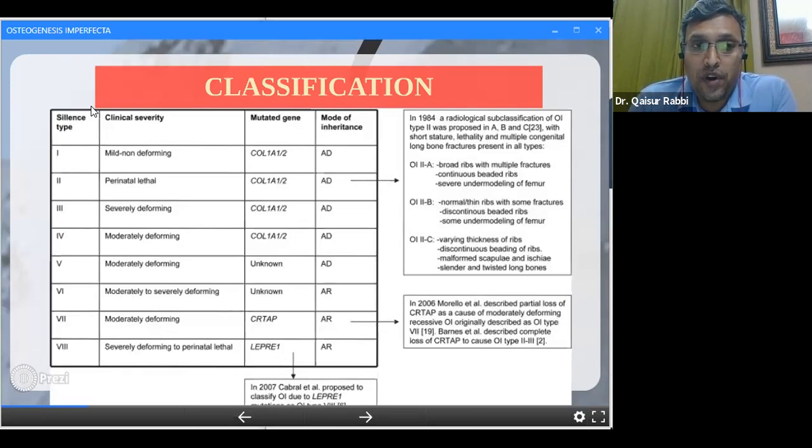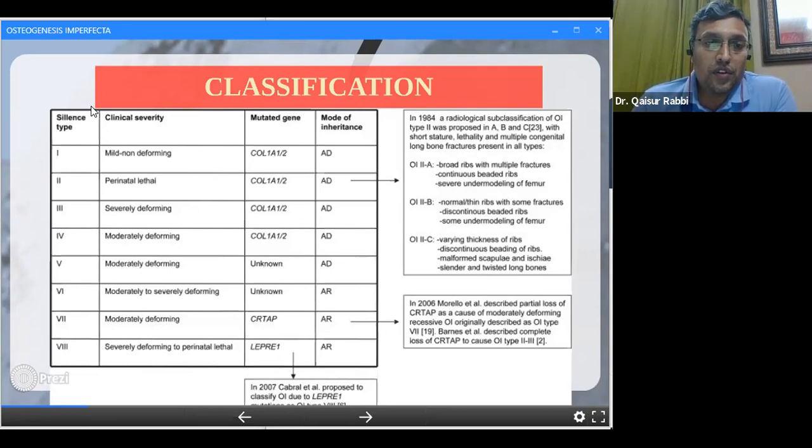Among these, type 1 is easily available, and most of the time it's type 1 with not that severe presentation, and type 2 is prenatally lethal. That means children with type 2 osteogenesis imperfecta either die in utero or just after birth or within a few weeks or months after birth, with severe bone deformity and all the clinical features that I have shown in my earlier slides.